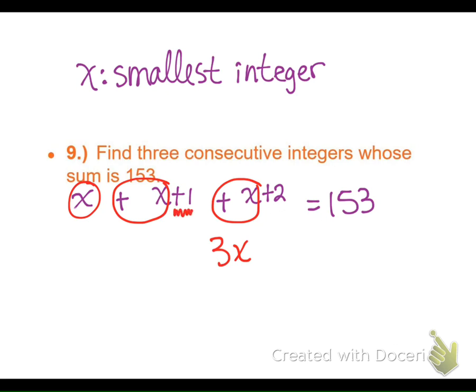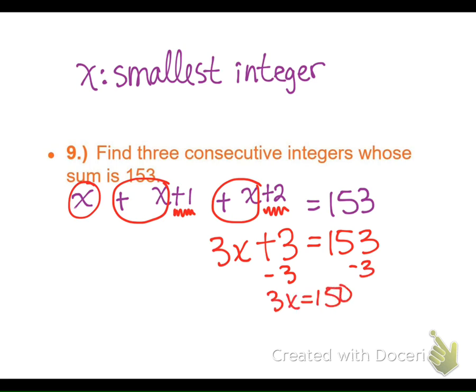We've also got a plus 1 and a plus 2, which gives us 3x plus 3 equals 153. We can keep on solving this by subtracting 3 on both sides. 3x equals 150.